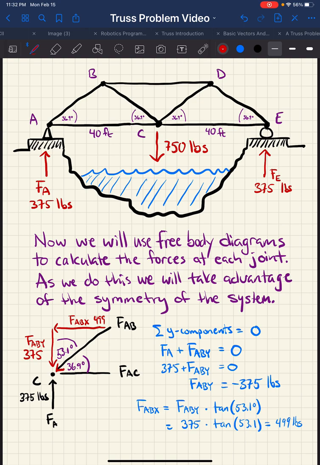Now, the sum of the x components has to be 0 also. And since FABX and FAC are the only x components, FAC is also going to be 499 pounds, but in the opposite direction.